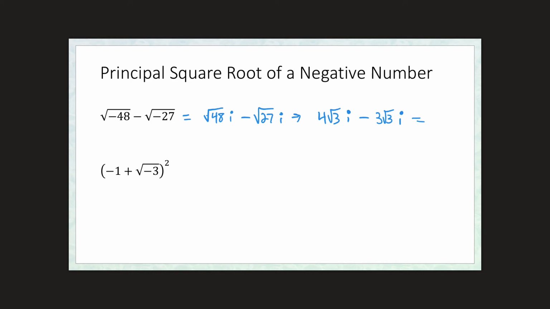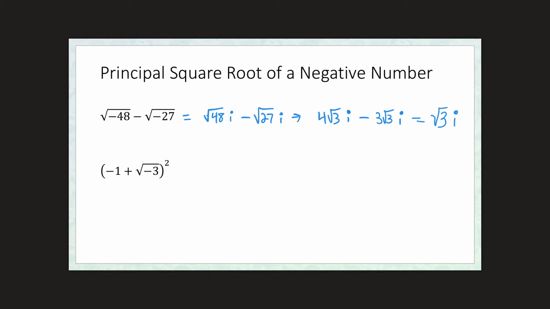Now we can actually subtract these from each other. 4 times the square root of 3 minus 3 times the square root of 3 is 1 times the square root of 3, or just the square root of 3, and then the i's are around for the journey, so the square root of 3 times i. Or you could write it the other way, like i times the square root of 3. It works that way too.